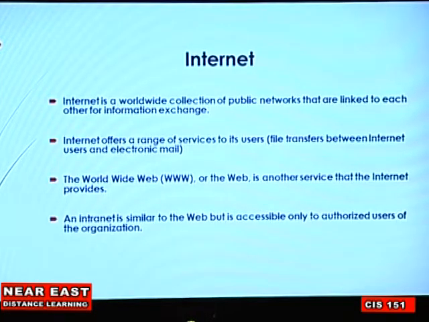We have a web browser like Google Chrome or Firefox, or there is Internet Explorer. We can use all of these to access the internet, to open your email, or to get your data from the internet, like Google, for example. An intranet is similar to the web, but is accessible only to authorized users of the organization.